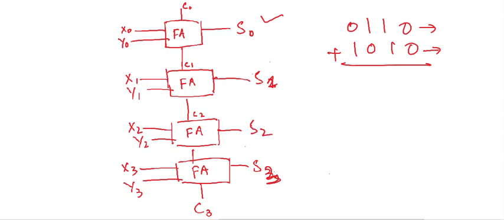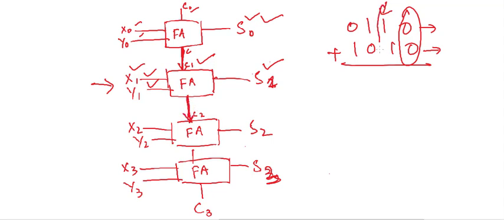Okay, so what we can see here is that there are three inputs to this, and this is the sum output. The carry output is being fed to this full adder, right? So the carry output from the first addition is being fed here. That's what we are doing here. So the carry comes here, and now this has three inputs, and the sum part is here, and the carry output from this is being fed here, right?